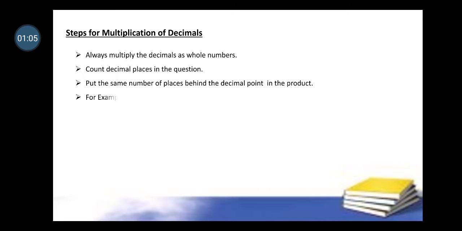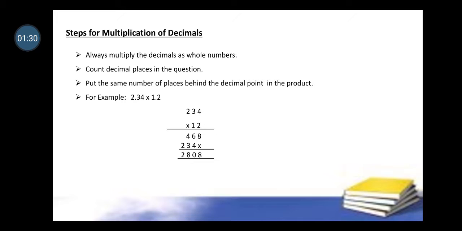For example, if we are multiplying 2.34 multiplied by 1.2, as we have to multiply by ignoring the decimals, we shall write 234 multiplied by 12. And we can see that 2 times 4 is 8, 2 times 3 is 6, 2 times 2 is 4.